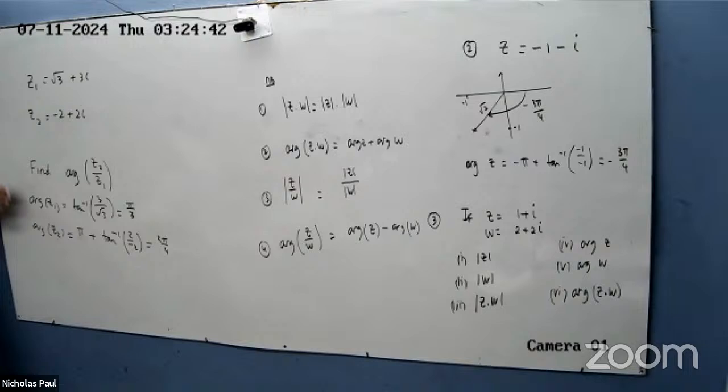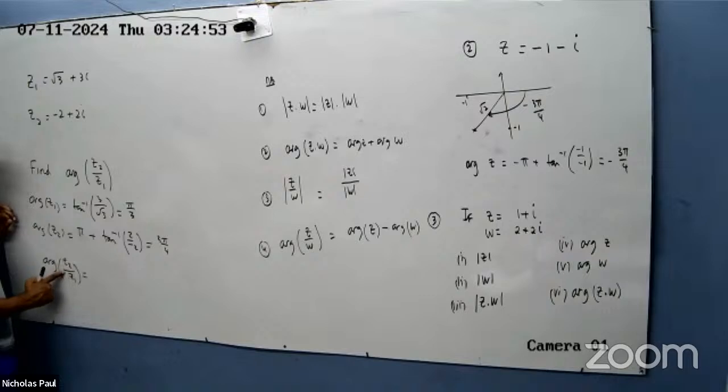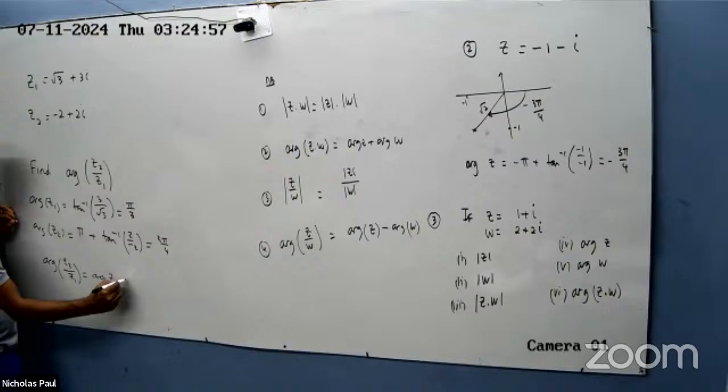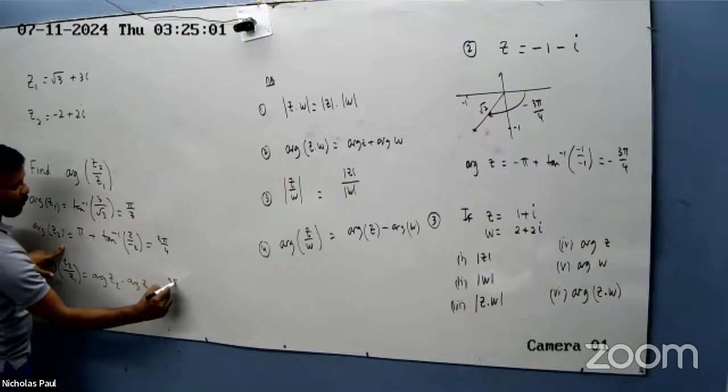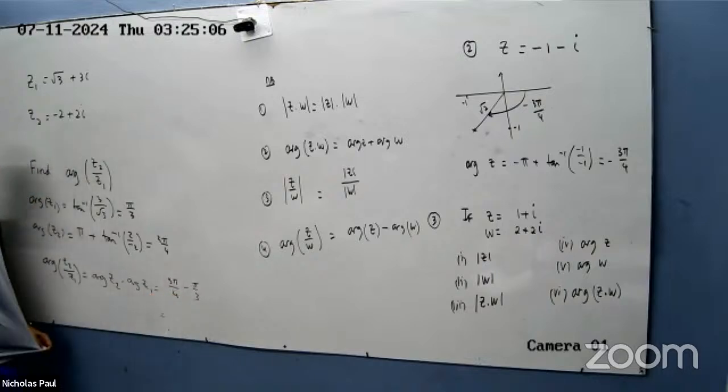Nice. So what do they want? They would like you to get the argument of z2 over z1, divided. So we're going to subtract: the argument of z2 minus the argument of z1. So that's 3/4 pi minus pi on 3. How much is that?